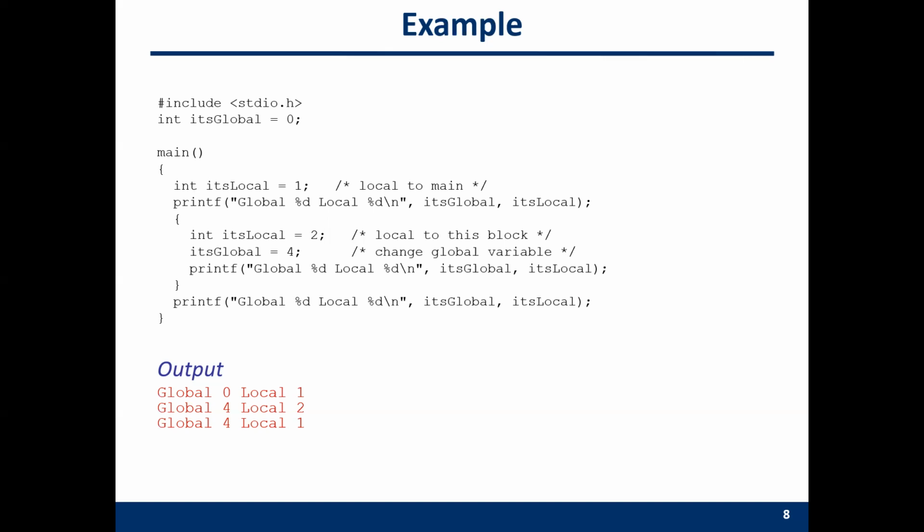For example, you can declare another function named main0 here. And in main0, you can also declare a local variable named is local. And the data is local has nothing to do with this one because they belong to different functions. And in this main0 function, you can also change the global variable.